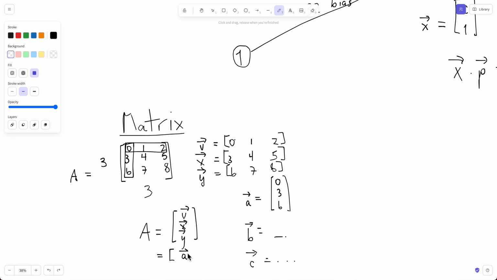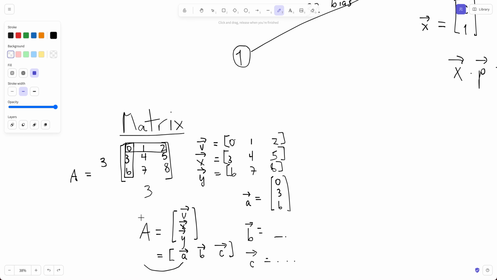So A, B, and C. Imagine if I were to expand A out, it would form 0, 3, 6, and that's what you have to think of when you're thinking of these representations.